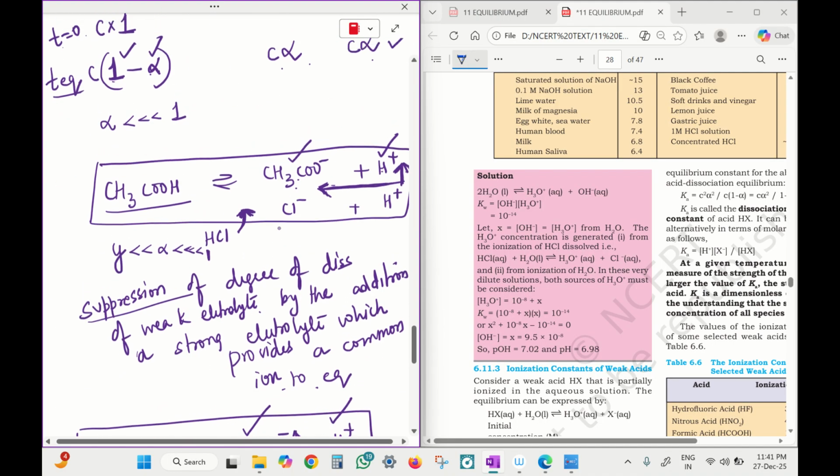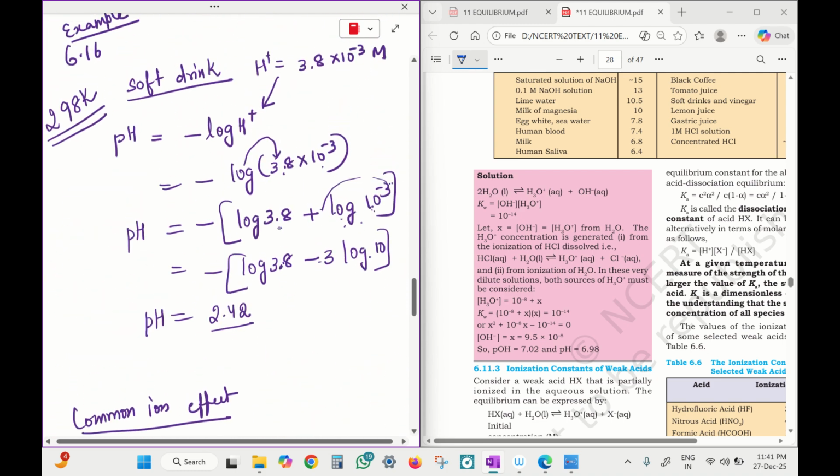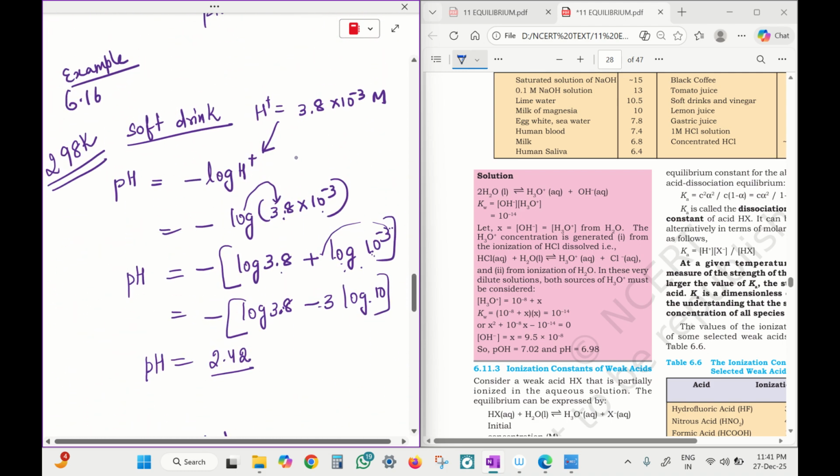See, we have done one more problem here. Look at this problem. The H plus of the soft drink is 3.8 into 10 to the power minus 3. So soft drink obviously will have water in it. And when water dissociates, it will produce H plus and OH minus ion concentration. There also it was 10 to the power minus 7. So the H plus produced by the soft drink is much, much more than H plus produced by the water.